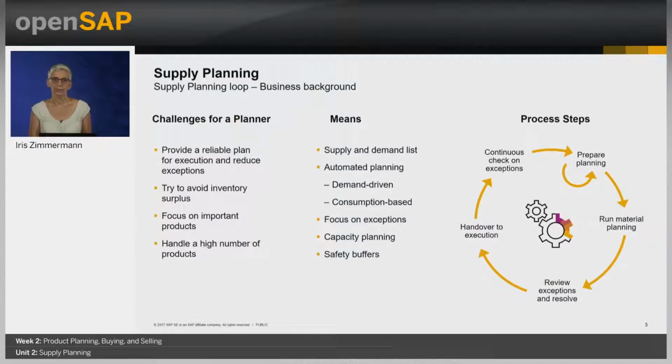If the planner is happy with the plan, he or she can release it to purchasing or in-house production for execution. It makes sense to continuously monitor exceptions in between the planning run because it reflects in real time the actual supply situation. With the release to execution, the loop closes.